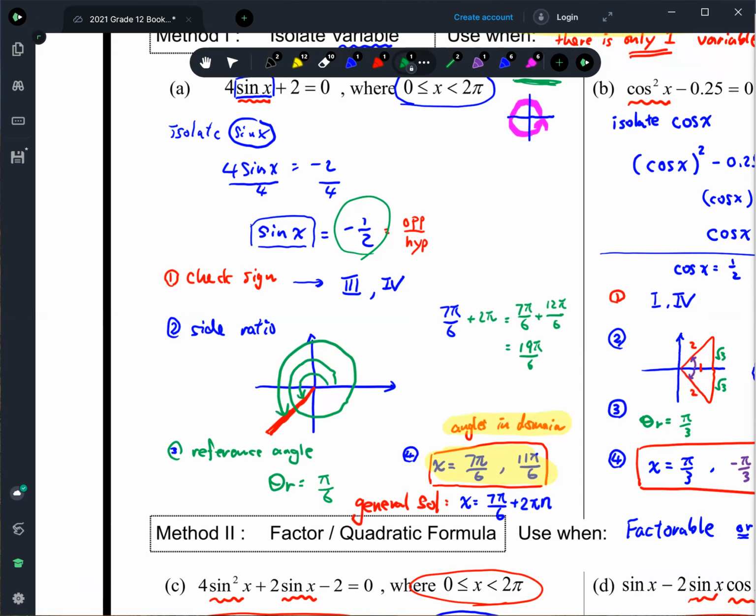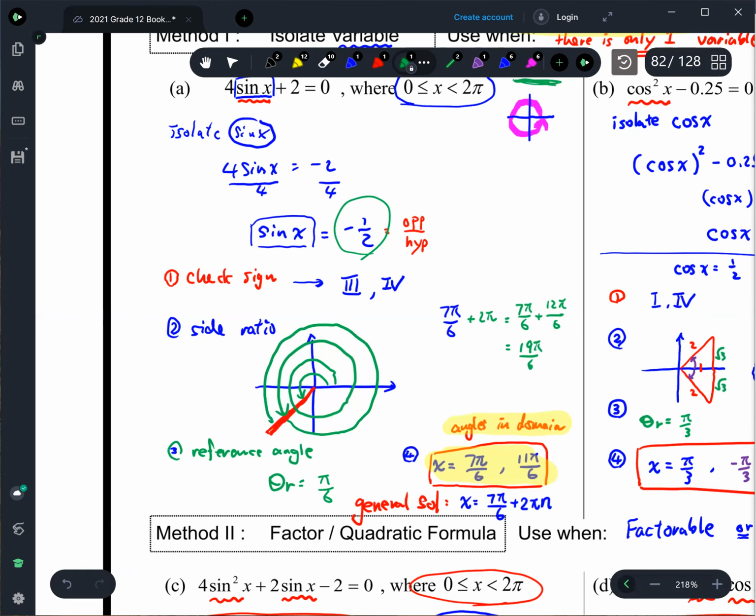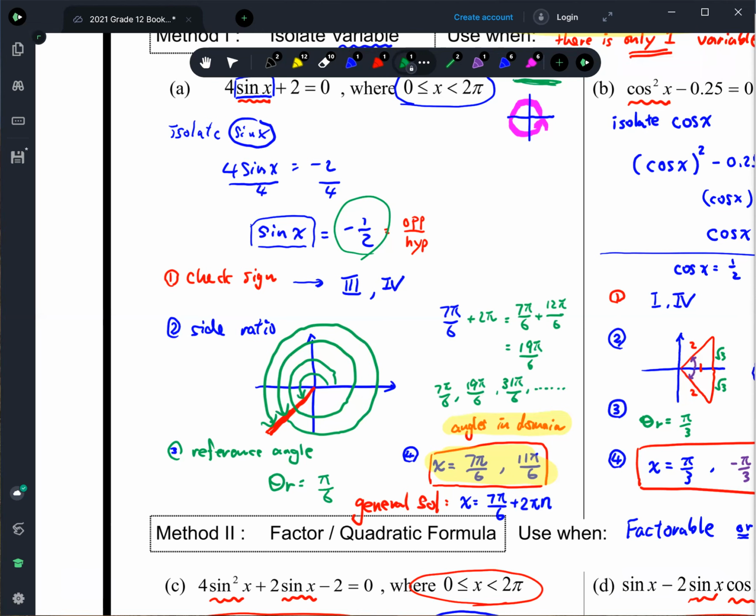If you add another 12 pi over 6, another circle, that will be 31 pi over 6. So 7 pi over 6, 19 pi over 6, 31 pi over 6, and so on. You can keep on adding 12 pi over 6. It will all have the same ratios. That's why it's called a general solution.